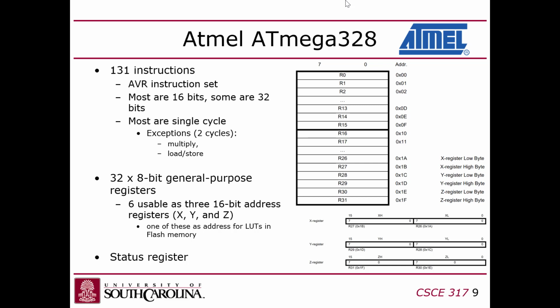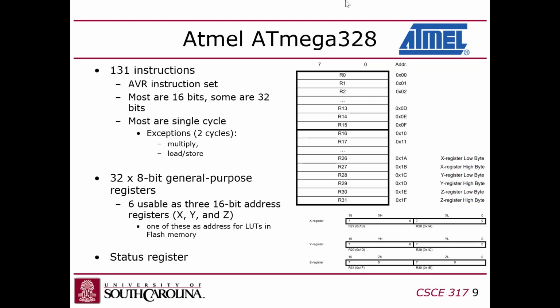The general purpose registers are also 8 bits wide, but that's the only thing that is 8 bits. It turns out that the machine code instructions are mostly 16 bits. There's even some that are 32 bits wide.